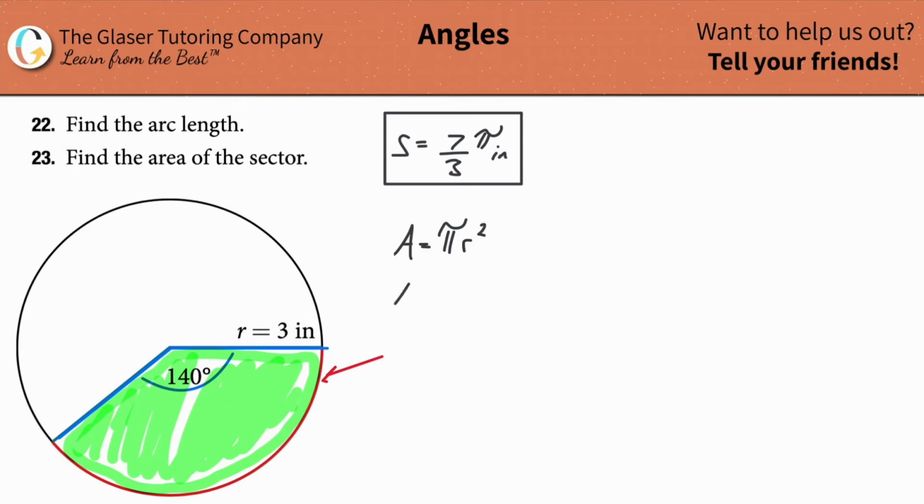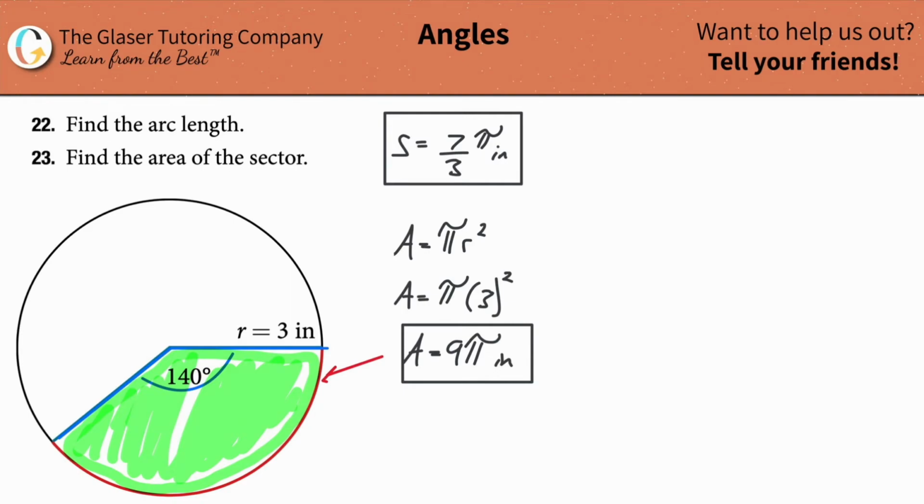I'm going to leave the answer in terms of pi. You plug in your 3 inches there and square it. So your area would then be 9 pi inches. And you can then take 9 and multiply it by 3.14 to find a decimal value if you like. But that's the exact answer of the area there.